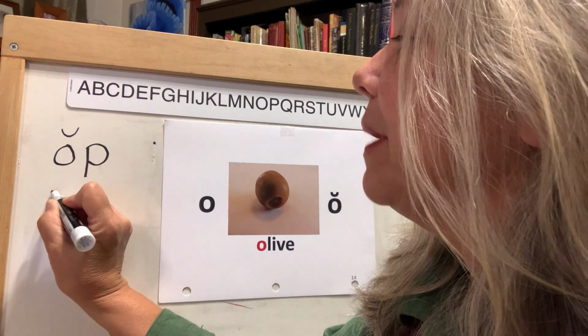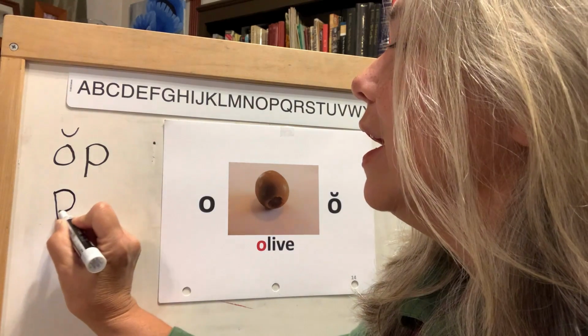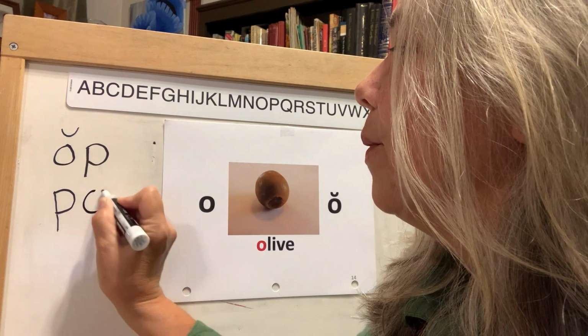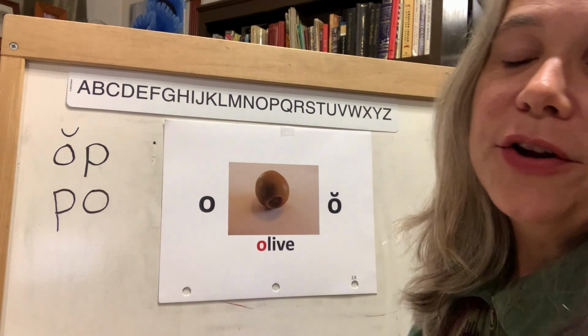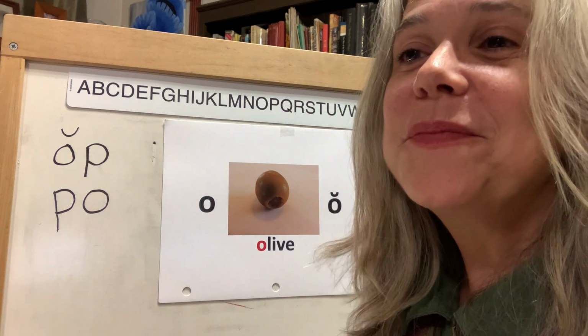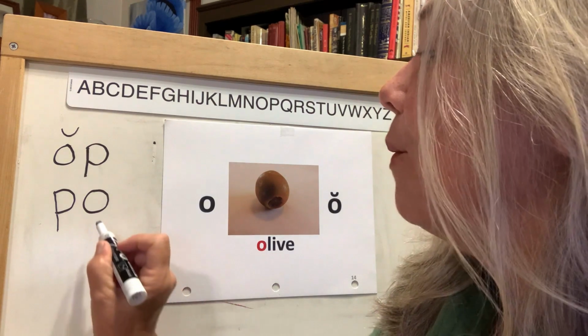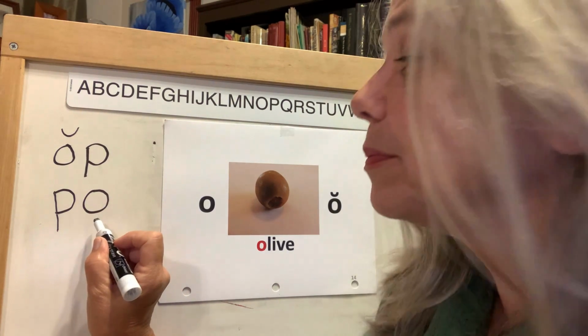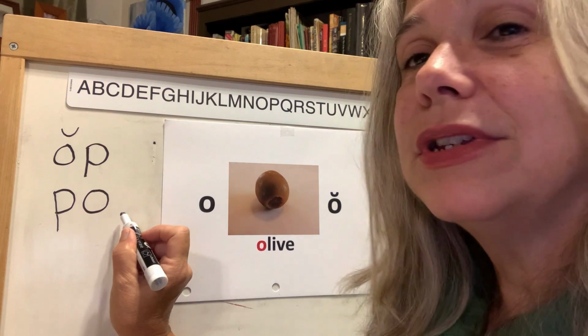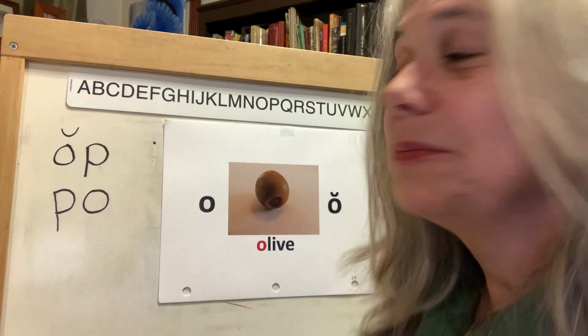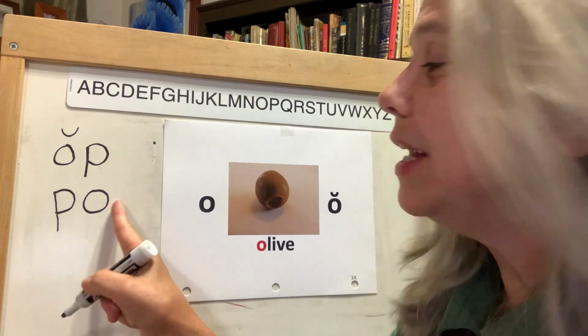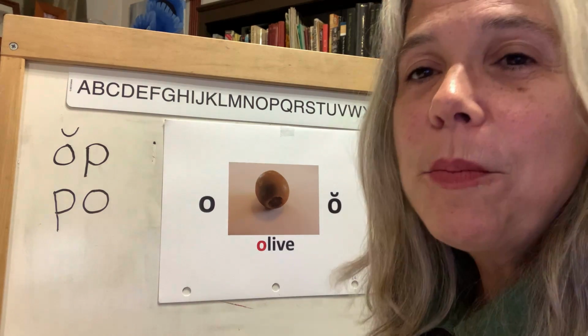Now watch me. I'm going to put the P first, then I'm going to write the O. Which letter again is the vowel? Right, it's the O. So now when we look at that O, is it being closed? Is that sound being blocked? No, there's nothing right here. It's in an open syllable.